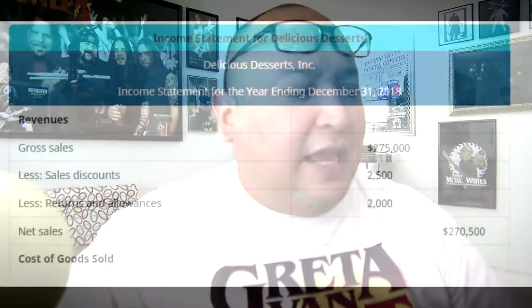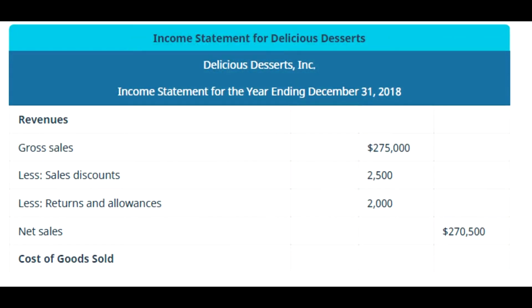You'll see they have sales. Of course, you allow for discounts, or also any returns to the business. So those are subtracted from gross sales, or what we've been calling revenue, and then it'll allow you to calculate net revenue or net sales. So they had $270,500 in net sales.